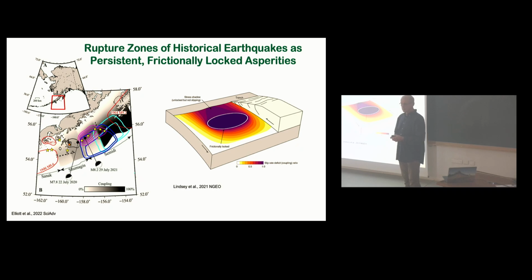Okay? So does that make sense physically, right? And the way you do this is essentially implement a model in which you lock parts of the fault where you had earthquakes, and then you solve with a stress boundary condition using boundary element models or other approaches where the slip occurs.